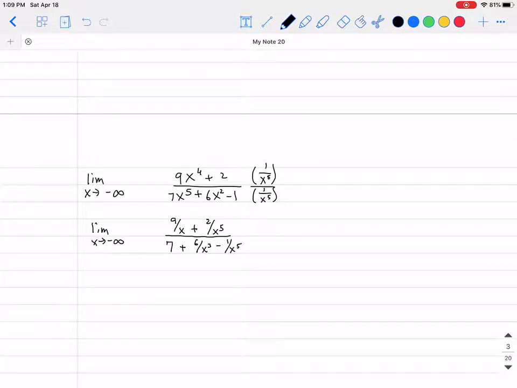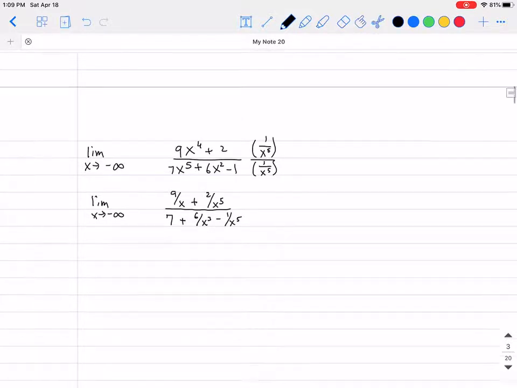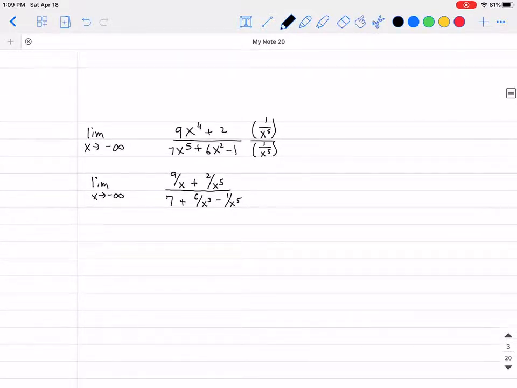And again, the objective right now is to get your equation so that it is combined with fractions within the fractions, so you can apply the limit law that we just have. Anytime you see x in the denominator, as x approaches infinity or negative infinity, those are going to go to 0.